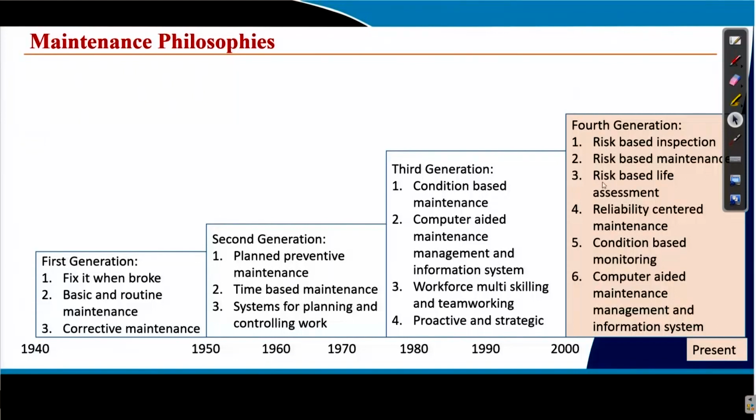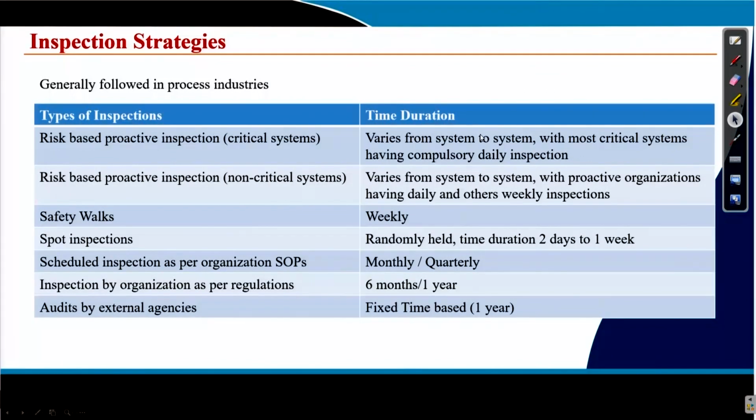Today we are saying risk-based inspection and maintenance, and now, because of the Industry 4.0 technologies available, monitoring the condition and then doing the correct maintenance, and also considering the risk from the failure and its consequence point of view. If you combine these things, definitely your maintenance effectiveness is going to increase.